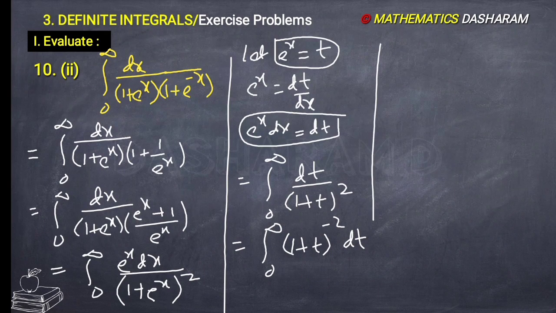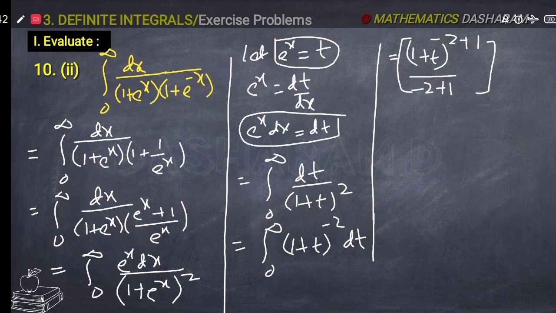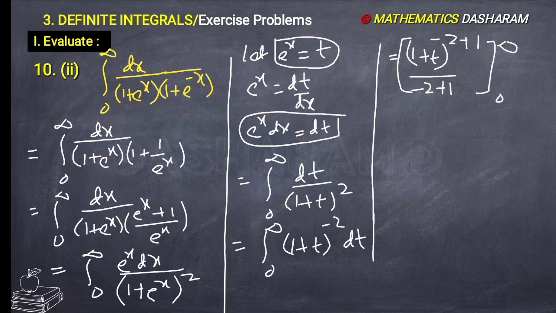So now apply the x to the power of n formula, integration of x to the power of n. It equals what? 1 plus t whole power minus 2 plus 1 divided by minus 2 plus 1, and here derivative of t is 1, so no need to write that 1, and write the limits as it is 0 to infinity.